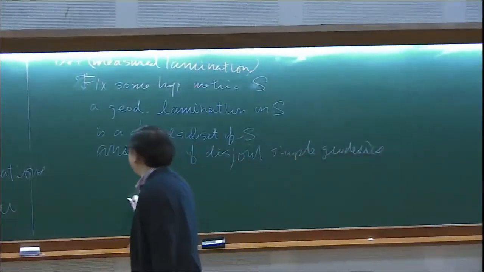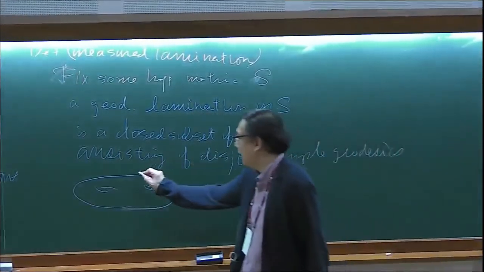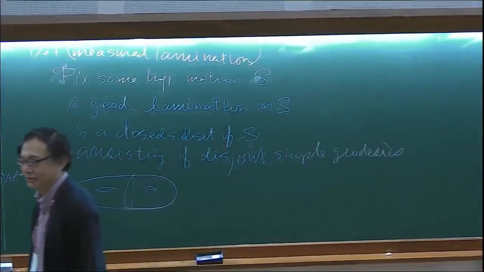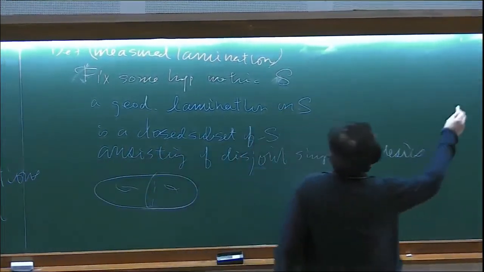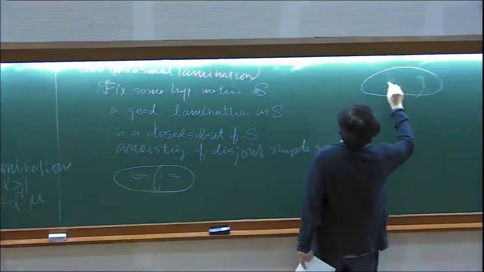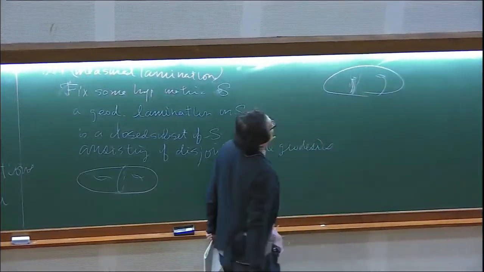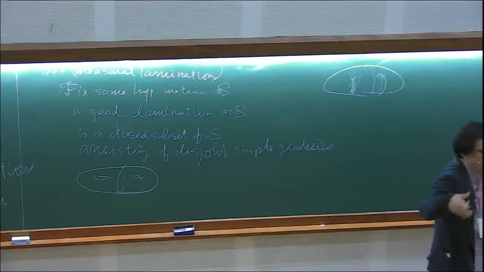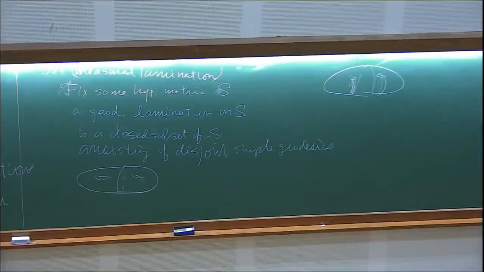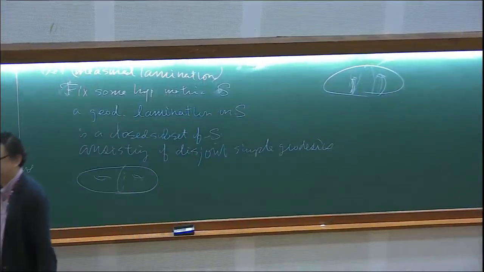The simplest example we can think of is just a single closed geodesic. It's a geodesic lamination. But of course, there are many other kinds of examples. If you draw, for instance, two simple closed curves and some simple geodesic, which is not compact, spiraling around these closed geodesics, the union of three leaves like that is also a geodesic lamination.